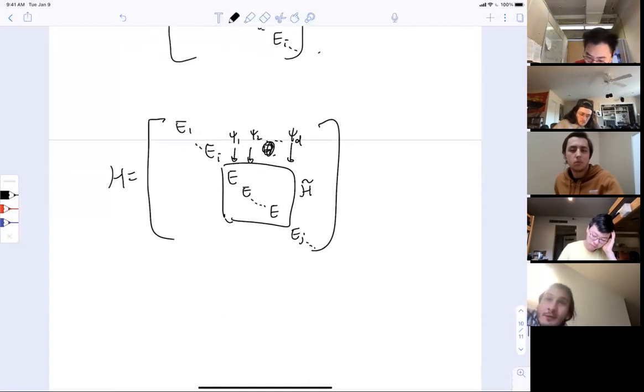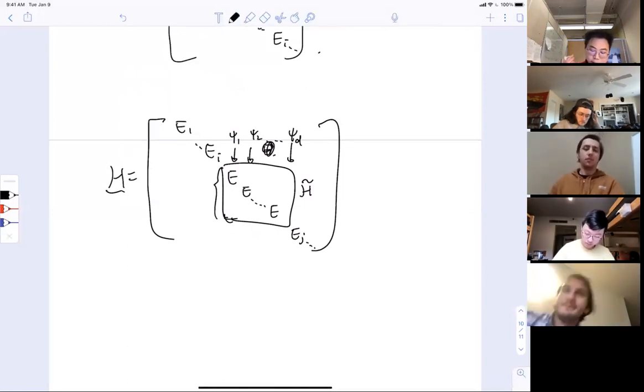It's not an accident. The reason is the Hamiltonian must have some symmetry, and it forms a group. This subspace is nothing but the representation space of that group.